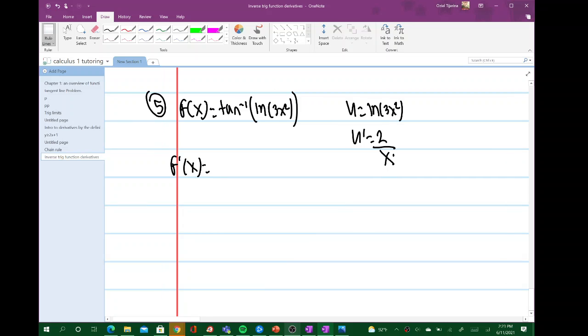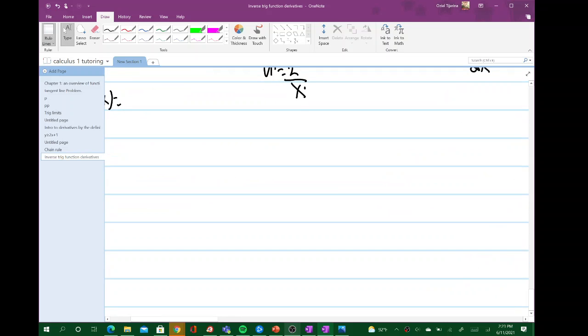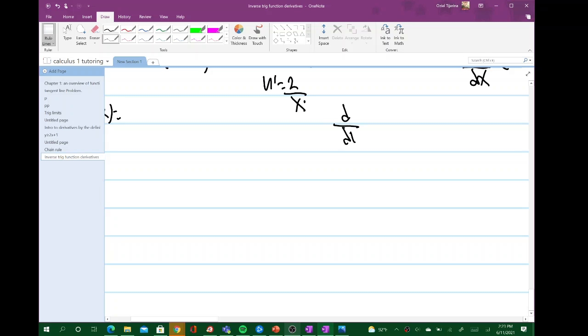The derivative of tan inverse of u is just going to be 1 over u squared plus 1, and then times u prime, so it's going to be equal to u prime over u squared plus 1.